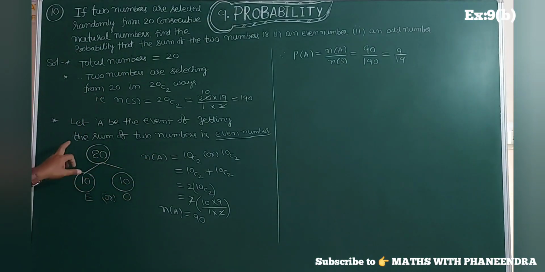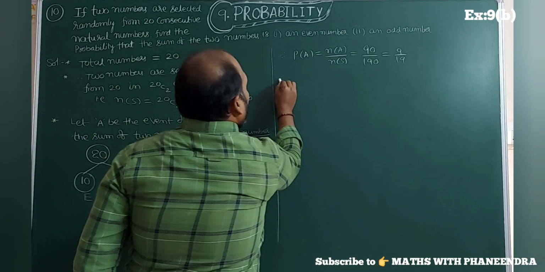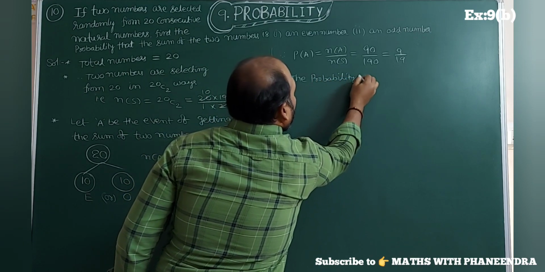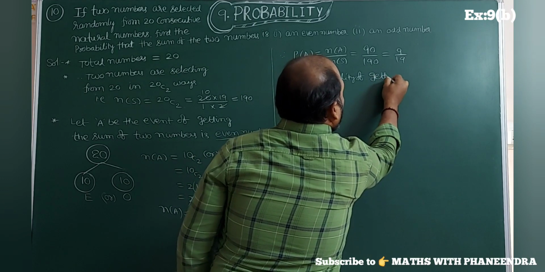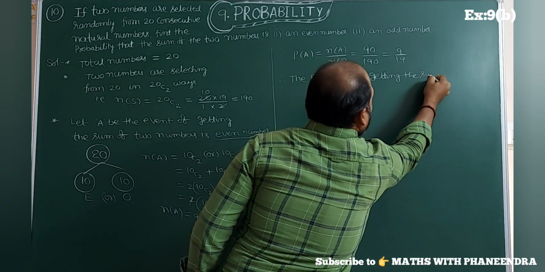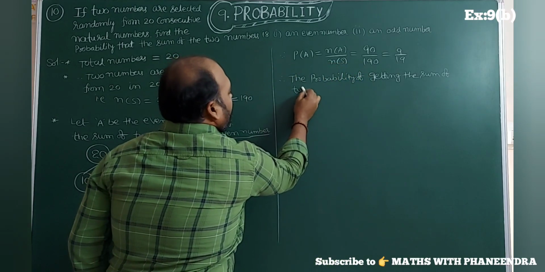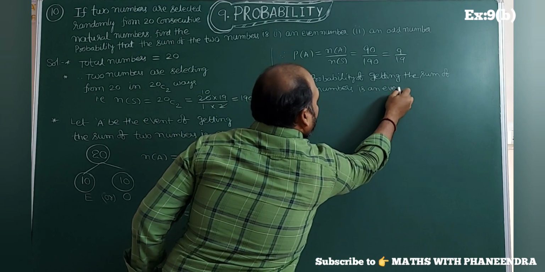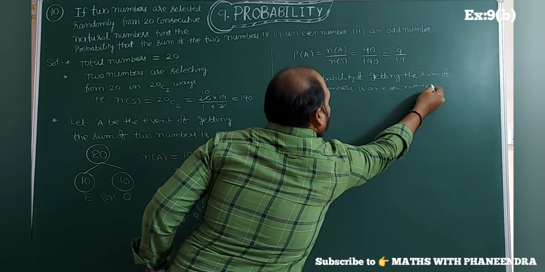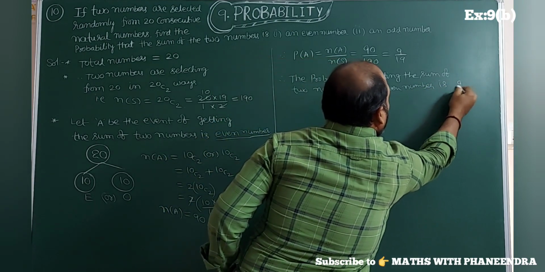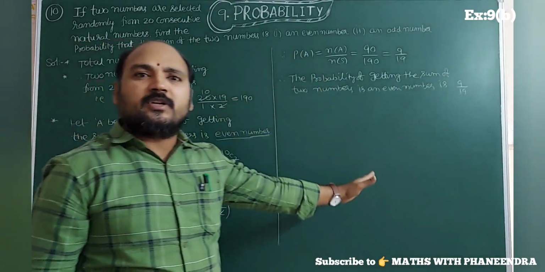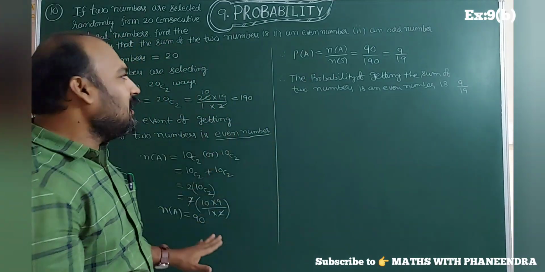Therefore, the probability of getting the sum of two numbers as an even number is 9 by 19.